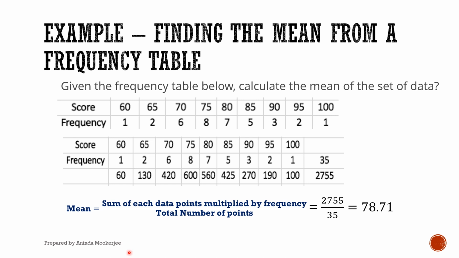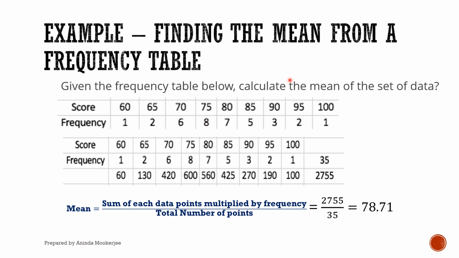All right, so here are some scores given to us: 60, 65, 70, 75, 80, 85, perhaps scores on a test, and the frequency of occurrence of each score is also given to us in the bottom row. So that means 60 occurs 1 time, 65 occurs 2 times, 70 occurs 6 times, 75 8 times.